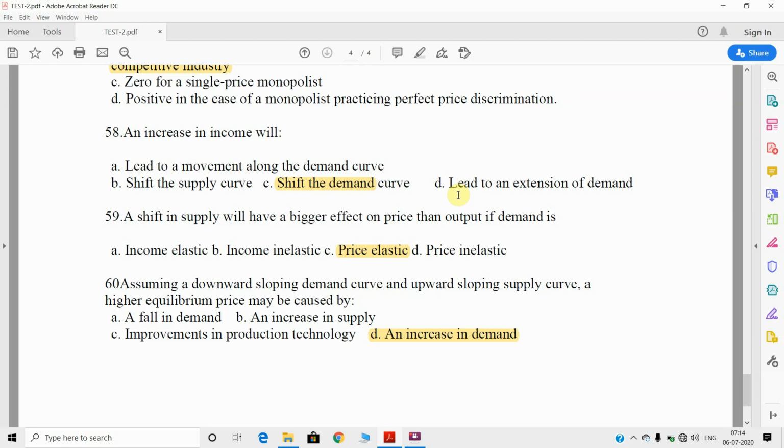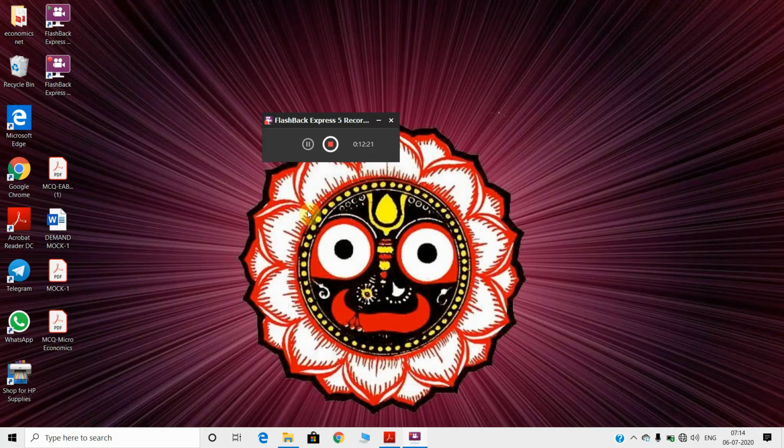Keep in mind how equilibrium price is determined. Below the equilibrium price, demand is more than supply, but above the equilibrium price supply is more than demand. So when the equilibrium price increases, there is excess demand and greater competition, right? So we can go for the third test, right?